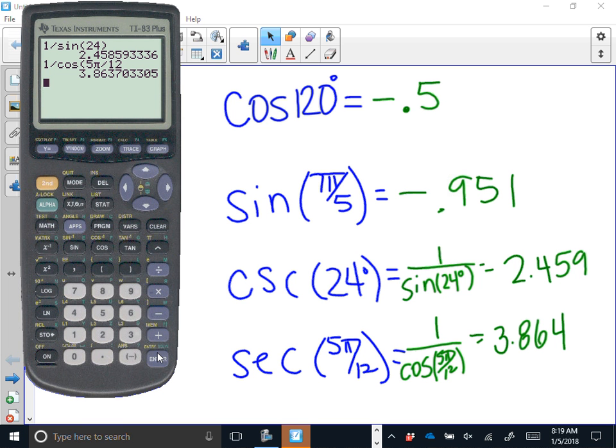Okay? Also, something that happens every year, I have a student take the quiz and they never change the mode of their calculator. Okay? If you do these 4 problems and you're in degree mode the whole time, you get 2 of them wrong, even if you type them in the right way. Okay?